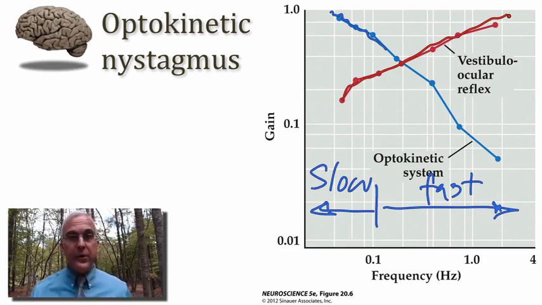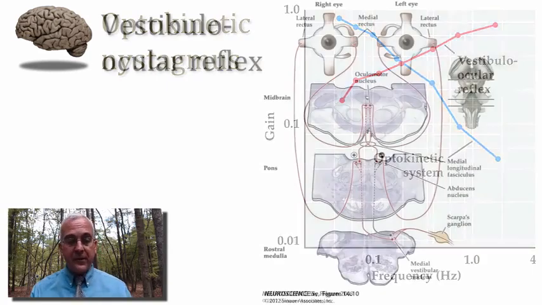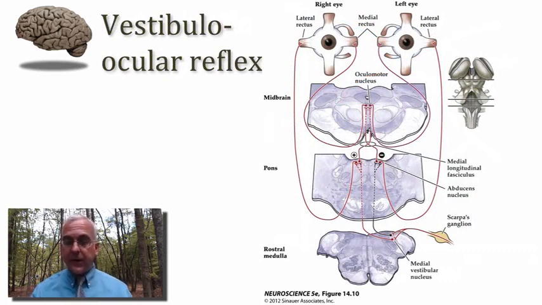So these two systems work in a complementary fashion. At very low rates of change, our optokinetic system maintains fixation. At high rates of change, as our head is moving, our vestibulo-ocular reflex will help maintain our fixation through conjugate eye movement. That brings us to a brief mention again of the vestibulo-ocular reflex.